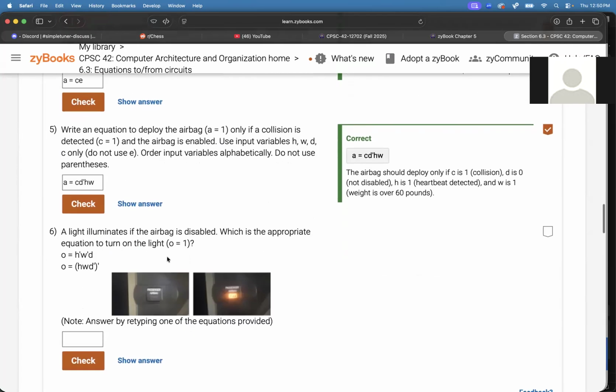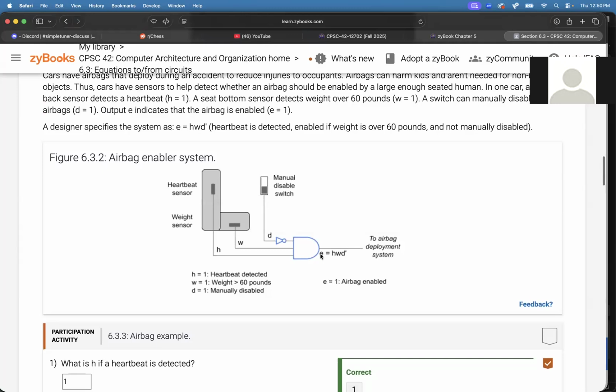A light illuminates if the airbag is disabled. What is the appropriate equation to turn on the light? So airbag disabled. So we want the opposite of this.